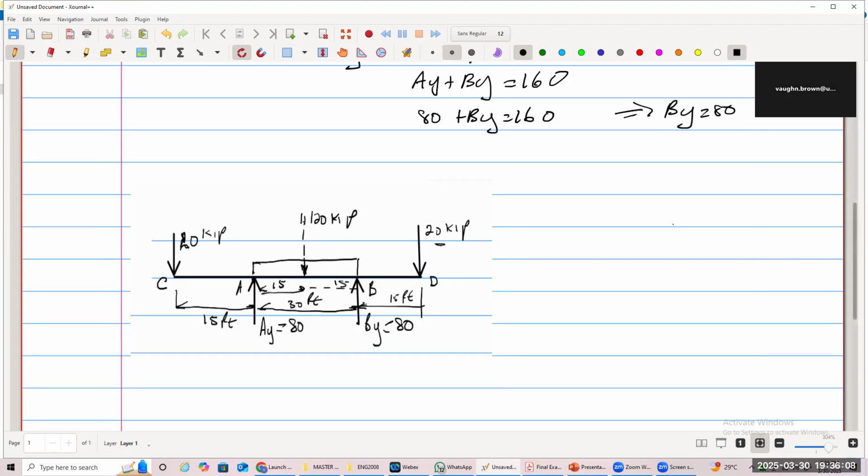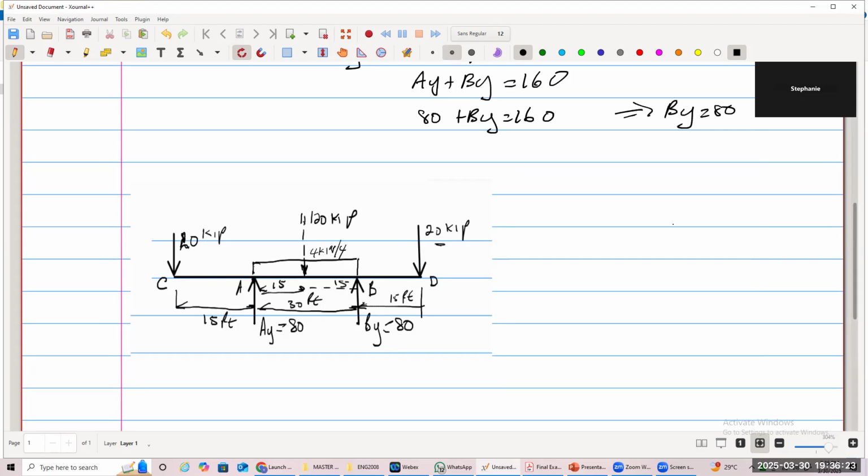Okay. Now, we had converted to point load, but let's say that you didn't convert it to point load, and it was still the 4 kips per foot here.